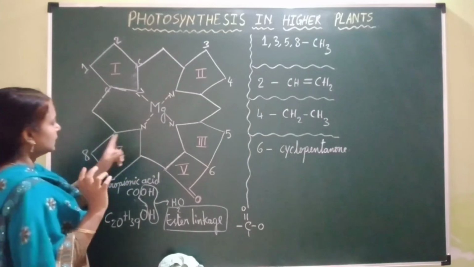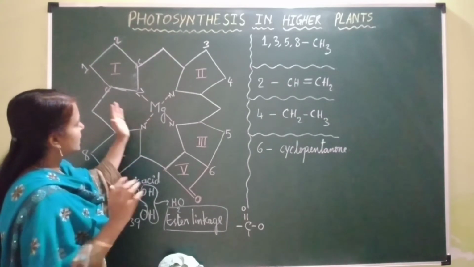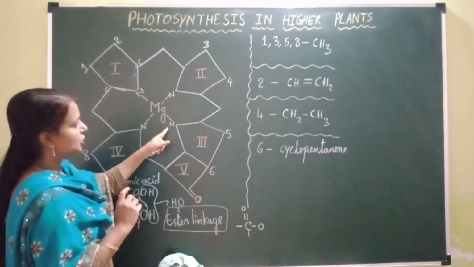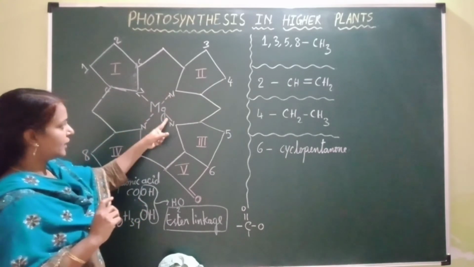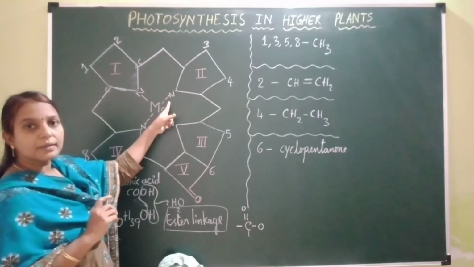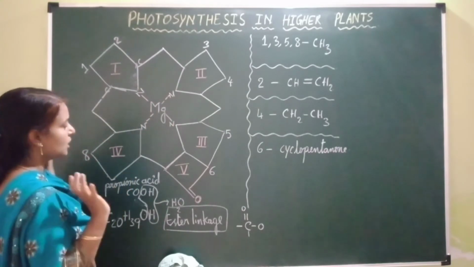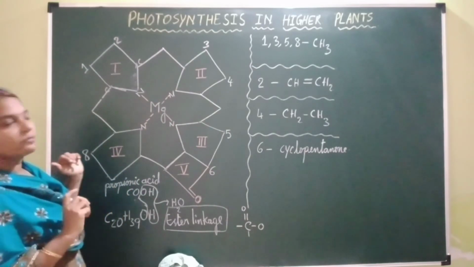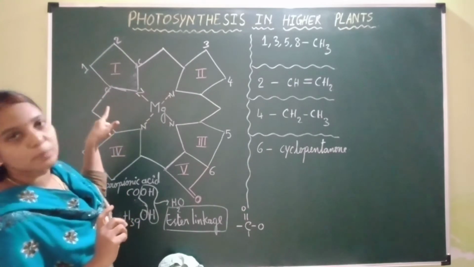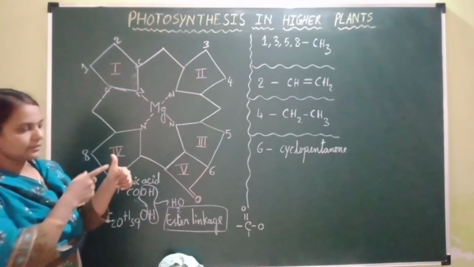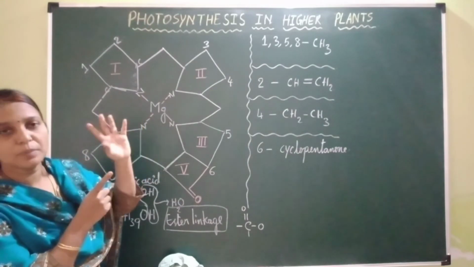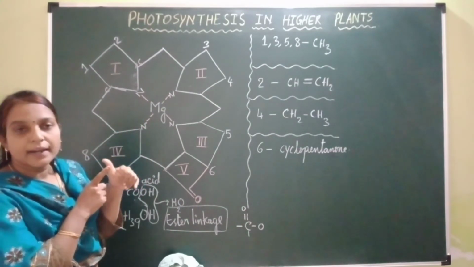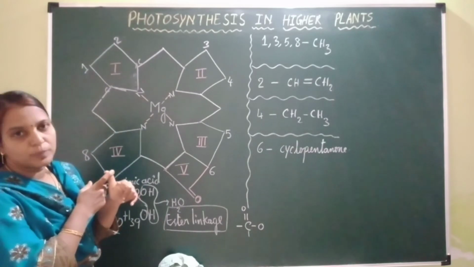The nitrogen atoms which are present towards the center are joined with magnesium. This magnesium joins with 2 nitrogen atoms by the formation of covalent bonds and 2 other nitrogen atoms by the formation of coordination bonds. Now at the free positions towards the periphery, that is at the first, third, fifth and 8th positions, a methyl group is attached, and at the second position, a vinyl group is attached.